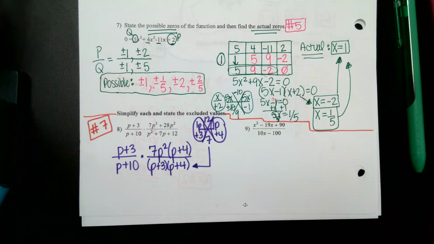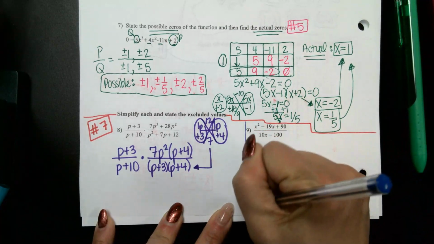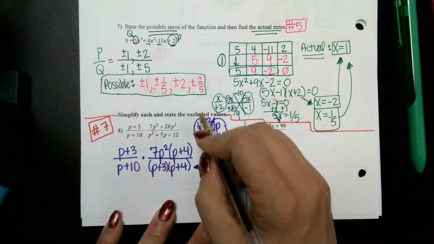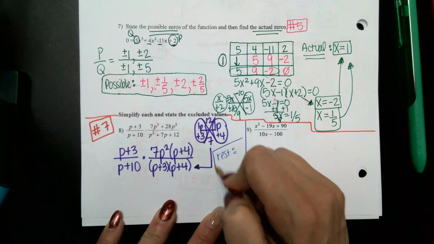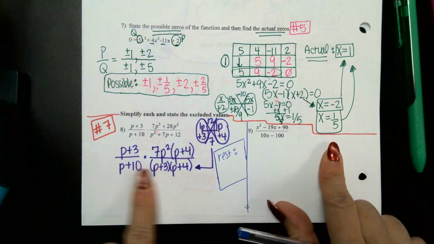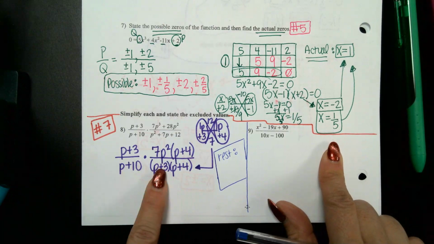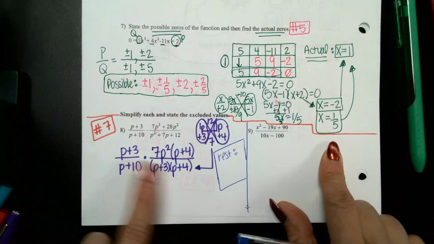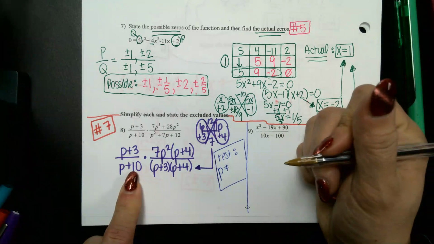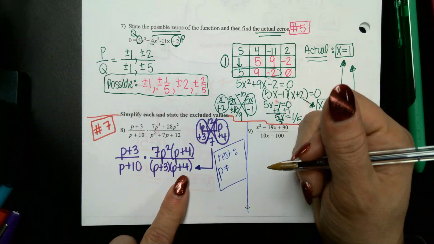Now, look, before I do anything else, I'm going to put my restrictions because it says state the excluded values. So let's talk about this real quick. If you look at this whole bottom, there are 3 numbers that P could not be. -10, -3, and -4, right?